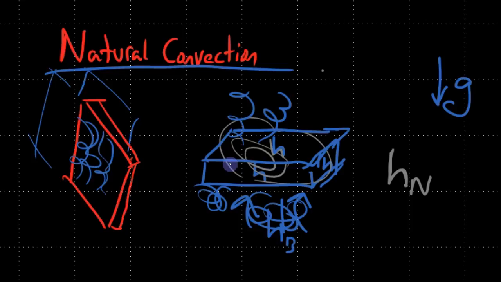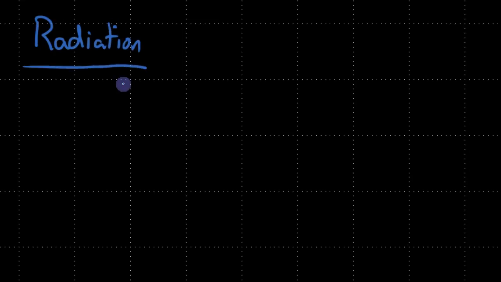So now that we discussed convection, which is a method of heat loss, we can also discuss radiation. What is radiation? Radiation is a phenomenon in which a heated object releases light.